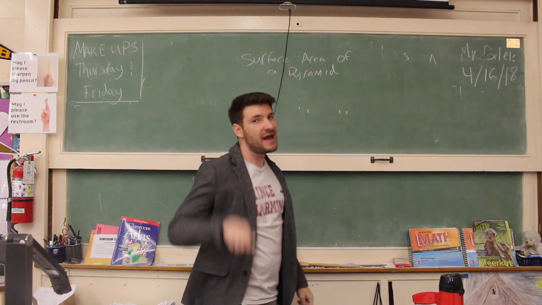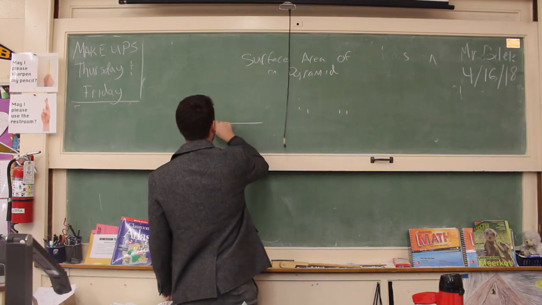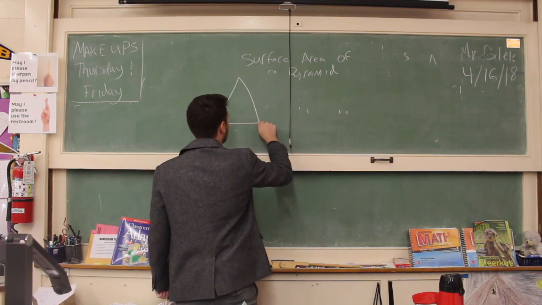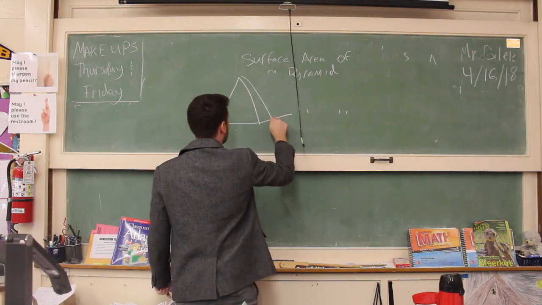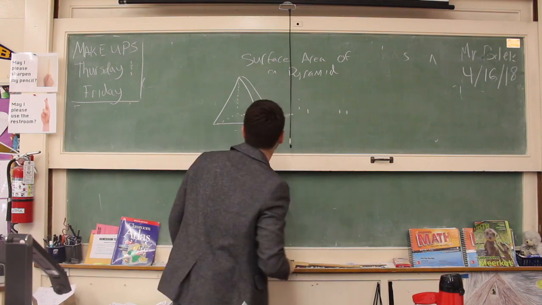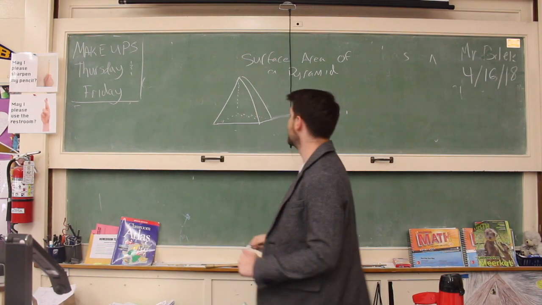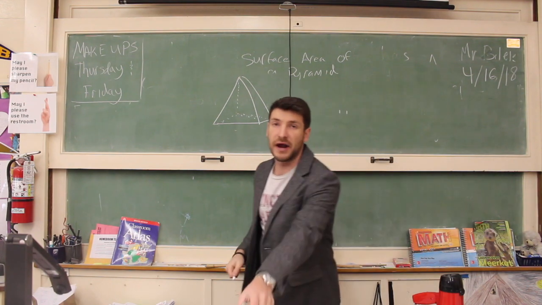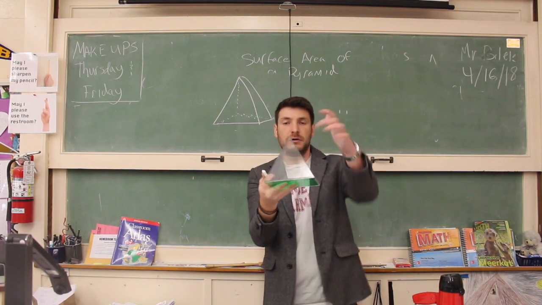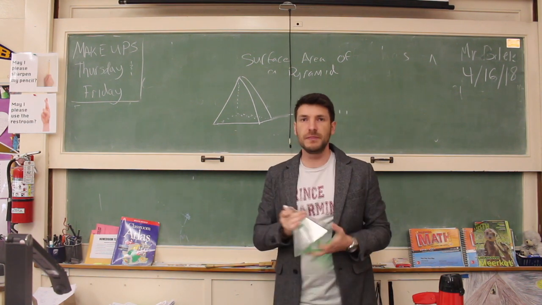I'm going to draw a pyramid, and you're going to do it too. Hopefully, yours looks a little better than mine. Okay. Now, we have a pyramid. There are 4 triangles on the sides and a base.